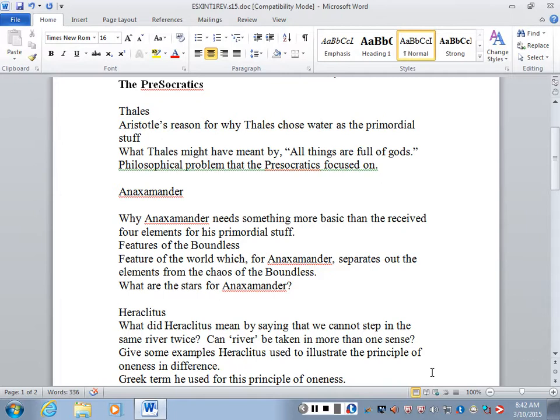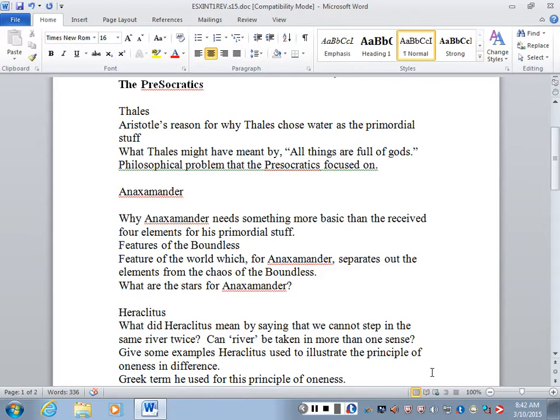Thales says everything's ultimately water, and Anaximander looks for a basic level of existence that's more basic than any of the four elements.